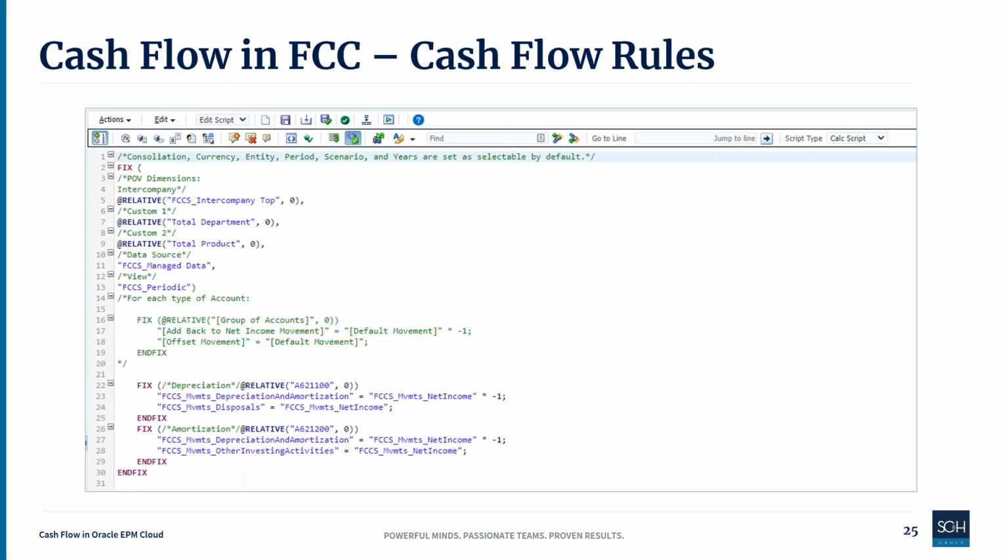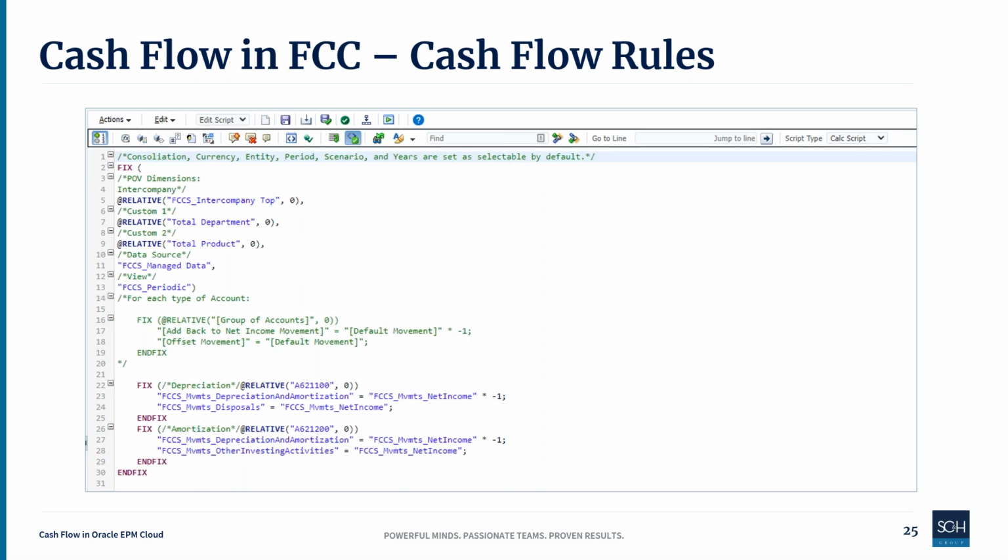In terms of what that rule looks like, I'll show you at a high level here. It'll help to look at this in more detail afterwards. It's some pretty heavy syntax. But like we discussed, generally you're going to fix on all of your dimensions except for your accounts and movements. And then within there, for each account, starting on line 22, you can see that's our account.